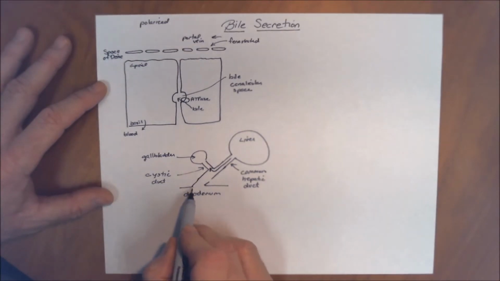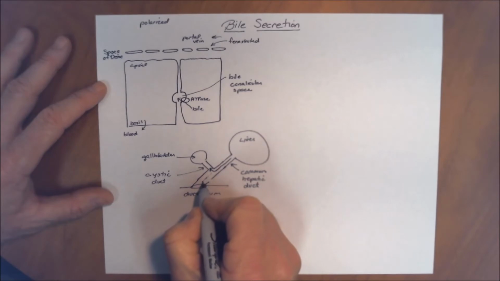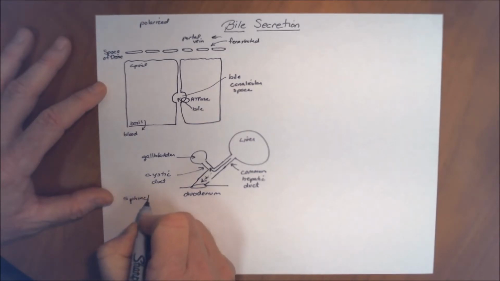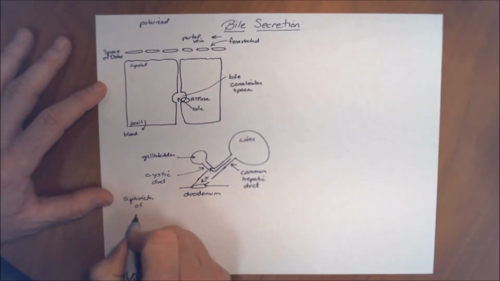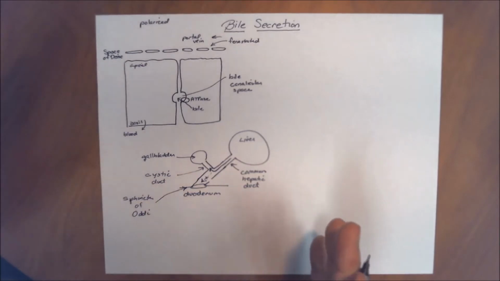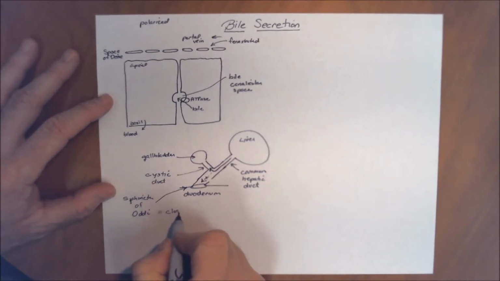But what prevents us from exiting down this way? Well, what we have here is a small sphincter. This is called the sphincter of Oddi. Under normal resting conditions, this is going to be closed.